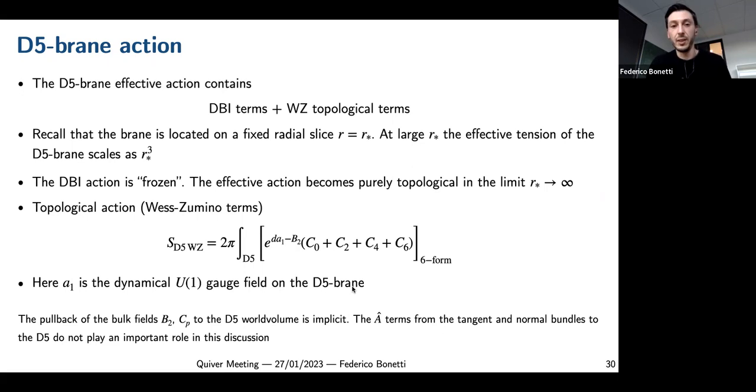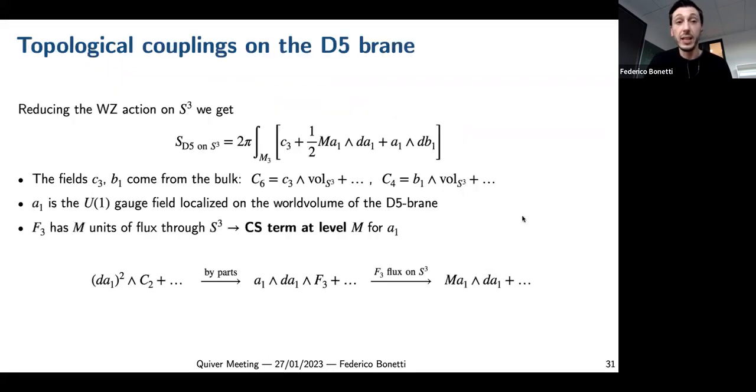So clearly, this is not a bulk field; it's localized on the D5 worldvolume. So the question is whether we can use these couplings to make sense of the physics that we saw through the Gauss law constraint picture. And indeed, we can. In fact, if we take the Wess-Zumino action and do a reduction on the 3 sphere, we precisely reproduce an action of this form.